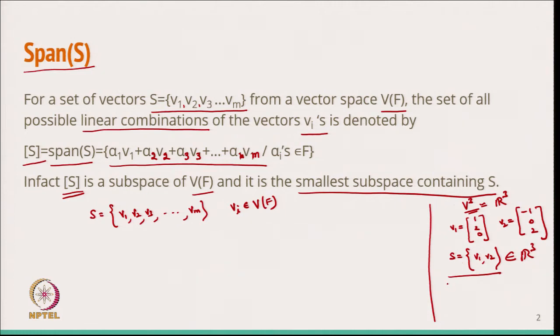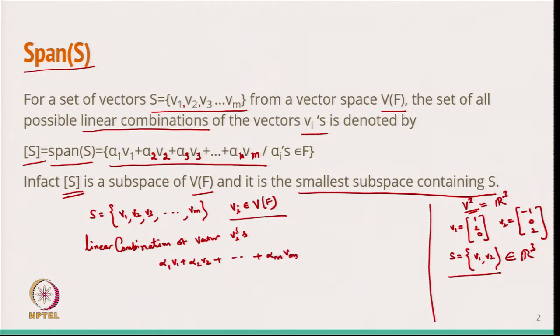So, this is what I have defined that belongs to the vector space. Now, we know that the linear combination of vectors Vi's is equal to alpha 1 V1, alpha 2 V2, up to alpha m Vm.